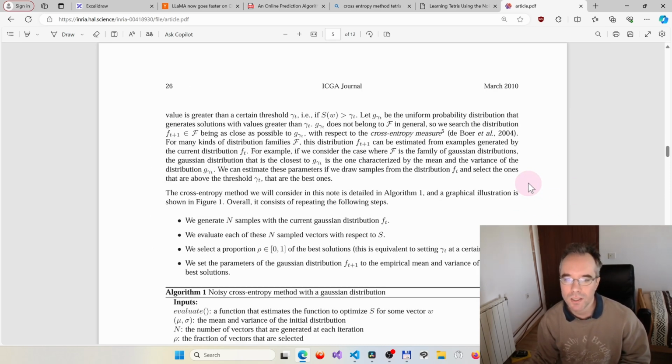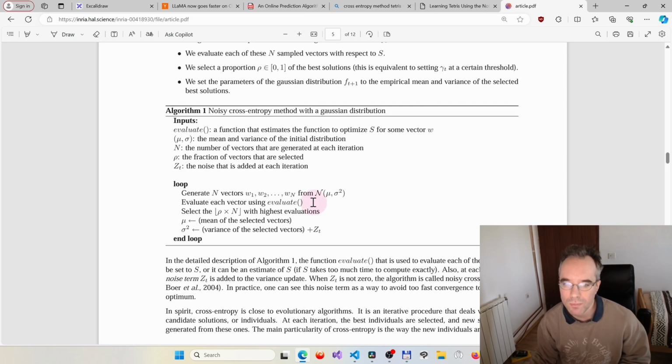And if you look here, here is the actual algorithm. It generates the vectors, evaluates each vector, selects the vectors with the highest evaluations, takes the mean, takes the variance.